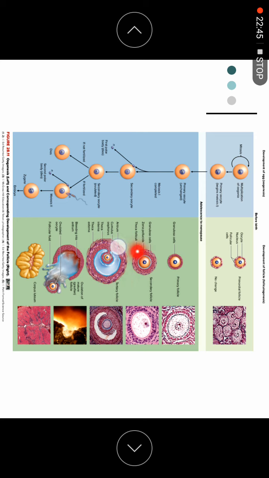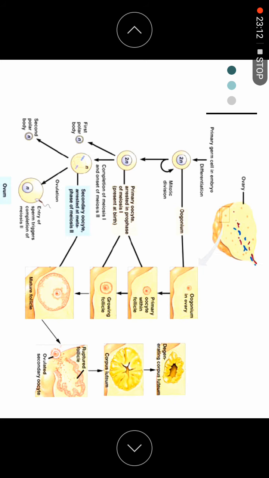The follicle will grow bigger, and when it reaches maturity, we call it the Graafian follicle, and it releases the secondary oocyte. Then the secondary oocyte will enter the fallopian tube. The leftover follicle is called the corpus luteum. The same follicle will have different names. Before it matures, it's called a follicle. After that, the Graafian follicle, and then it becomes the corpus luteum. Maybe it's a bit confusing, but you just have to get the idea of it.